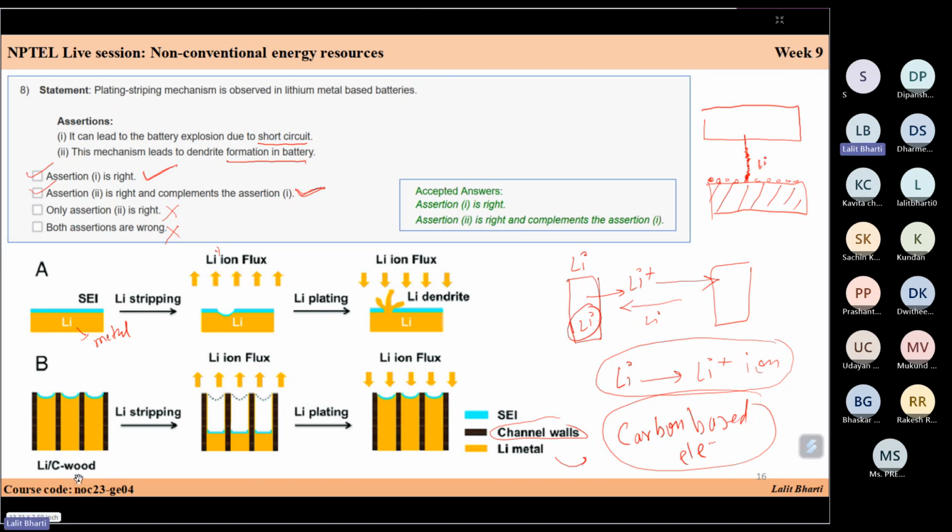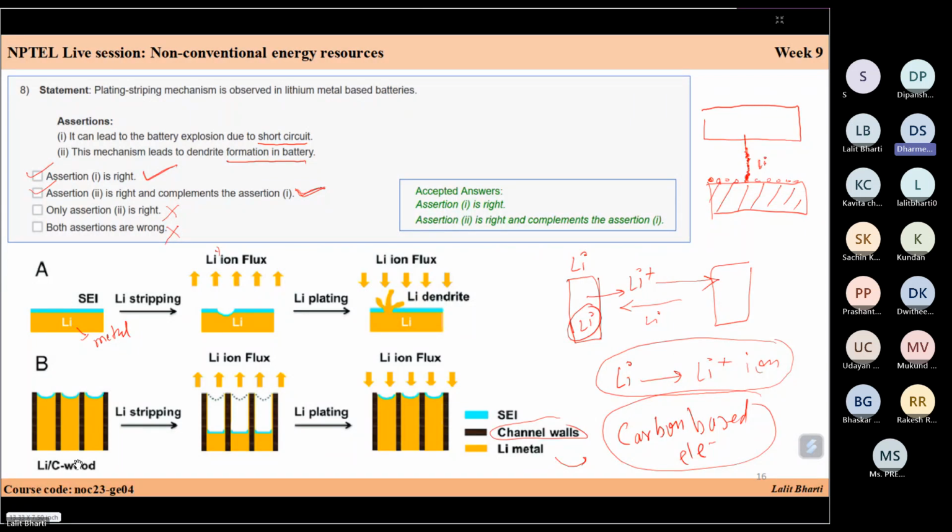You just burn the wood and whatever biocarbon you get, that is the carbon. So different types of carbons are used here, where carbons can have a layered structure, layered morphology. Graphite is used, graphene is used, and different carbon nanotubes are used. So different types of carbons are used with lithium.